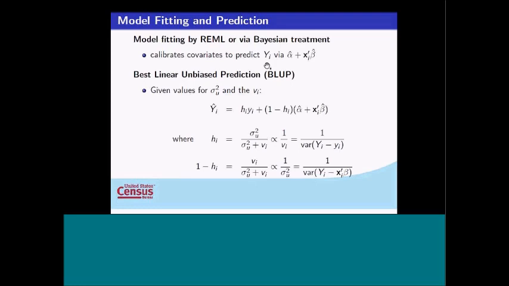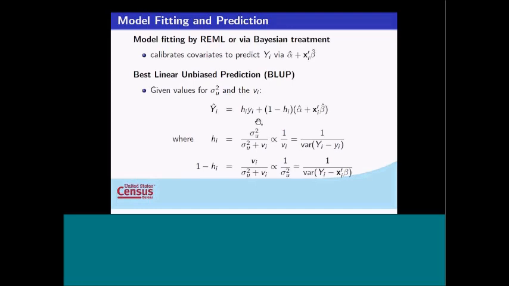So by fitting the model to the survey data, you allow for the sampling error, and you get regression predictions of the population target. Then we put the two together with a process called best linear unbiased prediction. Given values for the variances, these are the sampling error variances and this is the estimated model error variance, we get this weighted average of the direct survey estimate, little y, and the regression fit.